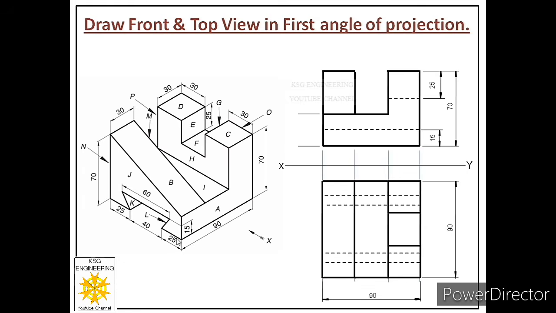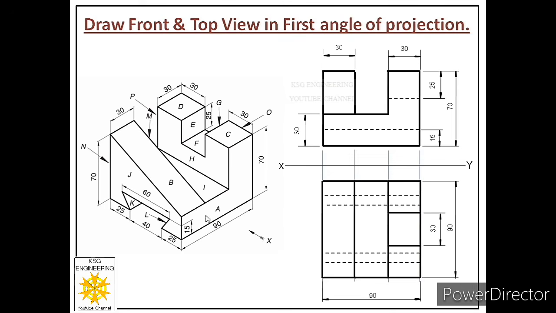Then we will show this height, that is 30 millimeters. Then we will show the remaining length dimensions, 30, 30 over there. After that we will show the remaining width dimension, that is 30 over here. So you can see we have placed these dimensions.